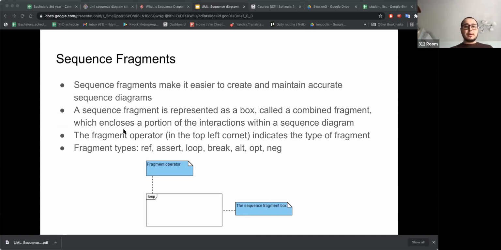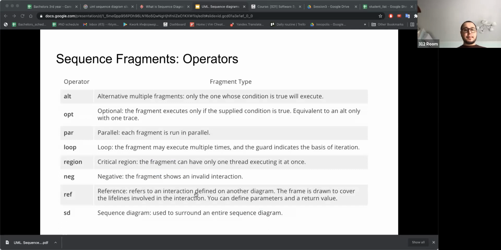We have ref, assert, loop, break, alt, opt, and neg as types of fragments. You can read about these fragments in detail on this slide. For example, you can also introduce loops within fragments with the loop operation.